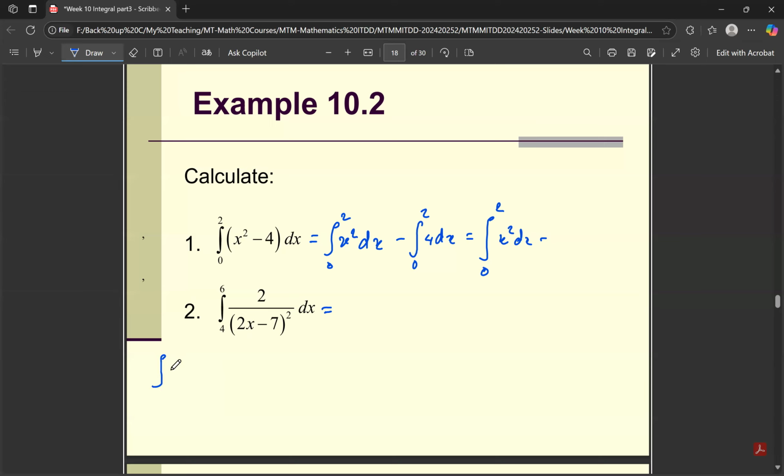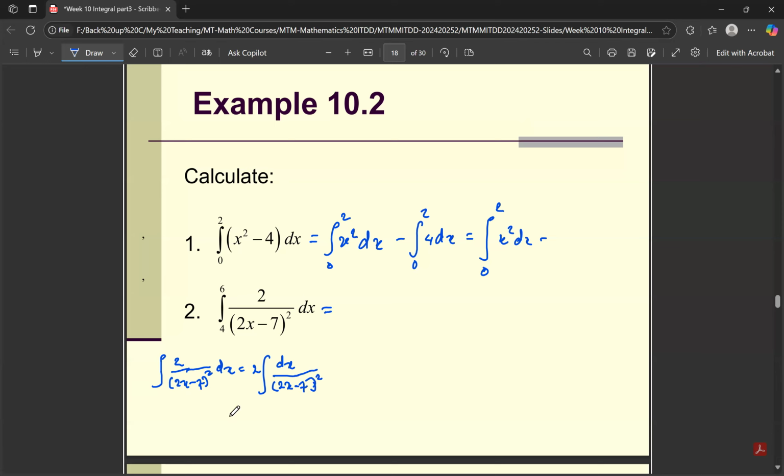We find the indefinite integral of 2 over (2x minus 7) squared dx. We can pull out the 2 from the integral, dx divided by (2x minus 7) squared.